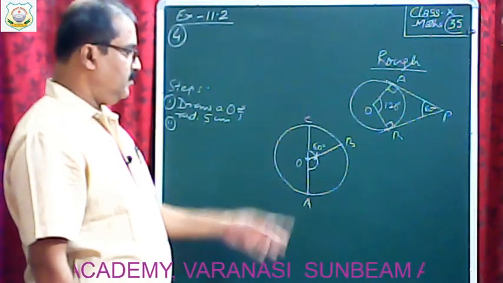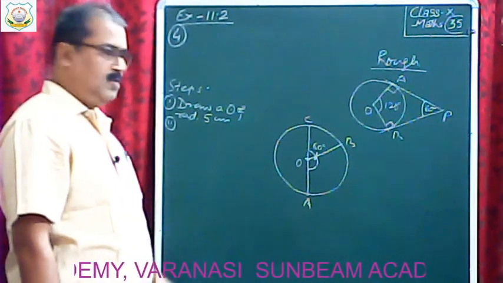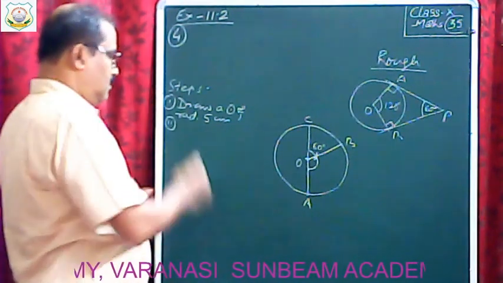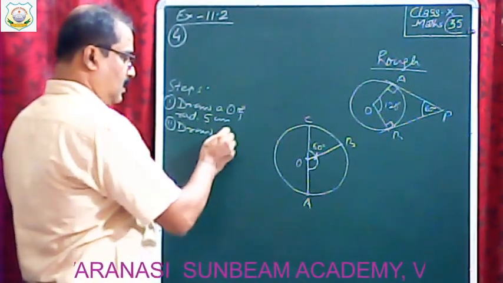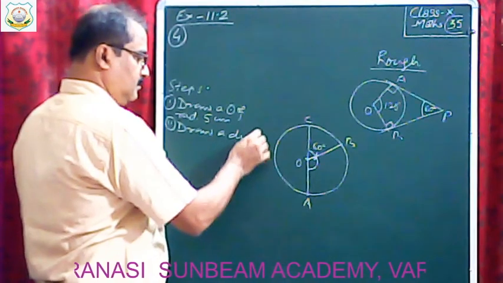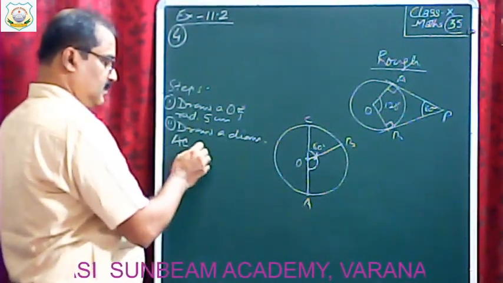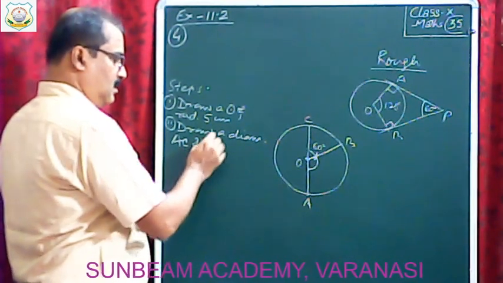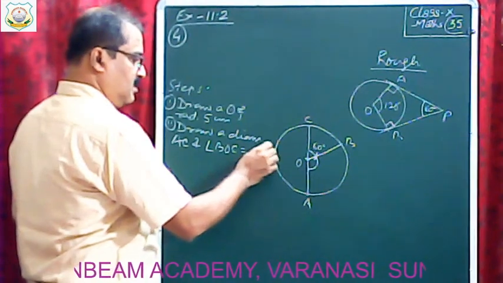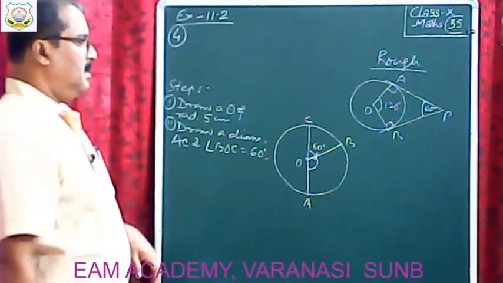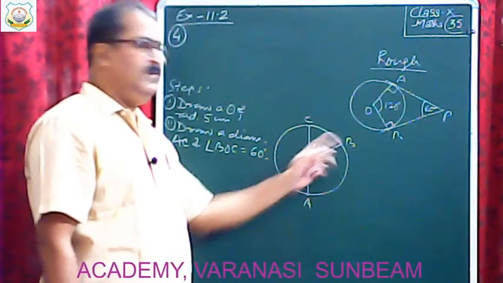In this way you have to draw this 120 degree. Directly also you can draw, no problem. Draw a diameter AC and angle BOC equal to 60 degree. Now thereafter we have to draw tangents from A and B.